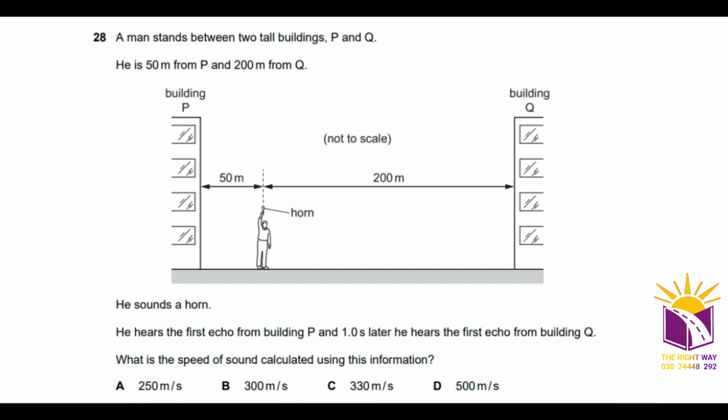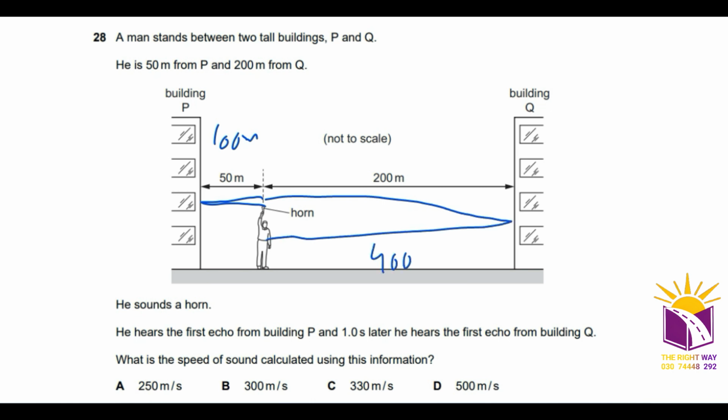Okay. Our sound has to travel 100 meters over here: 50 meters going toward building P and 50 meters coming back. So our wave travels a total of 100 meters here. And here our wave will travel a total of 400 meters: 200 meters toward building Q and 200 meters from building Q back to the man who made the horn.